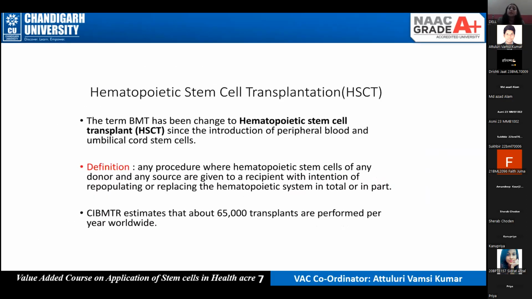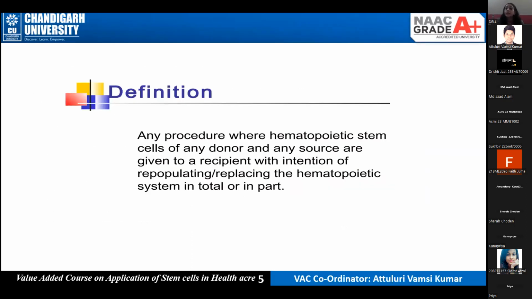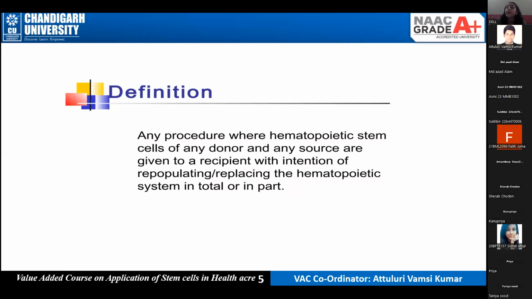Now, what is the definition of hematopoietic stem cell transplantation? All of you know the terms transplantation and transfusion. In transplantation, we infuse hematopoietic stem cells from a donor into a recipient with the intention of repopulating or replacing the hematopoietic stem cells.